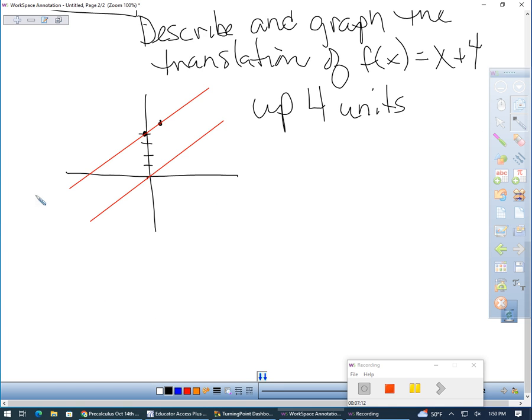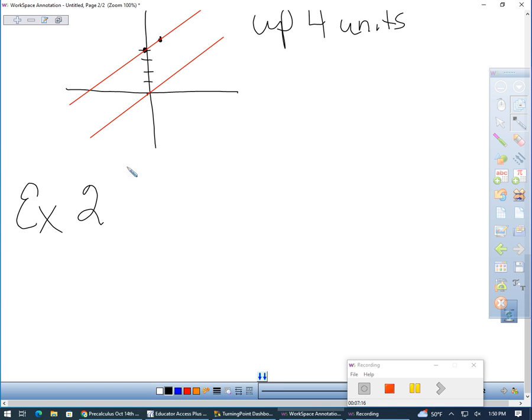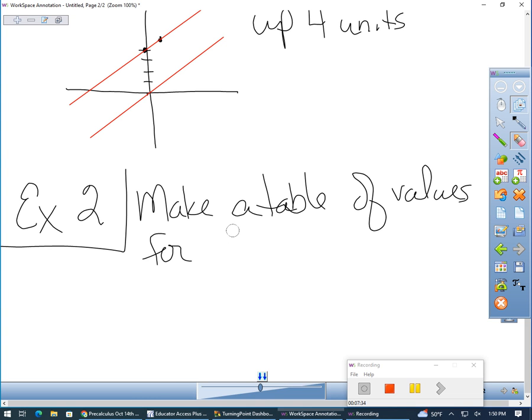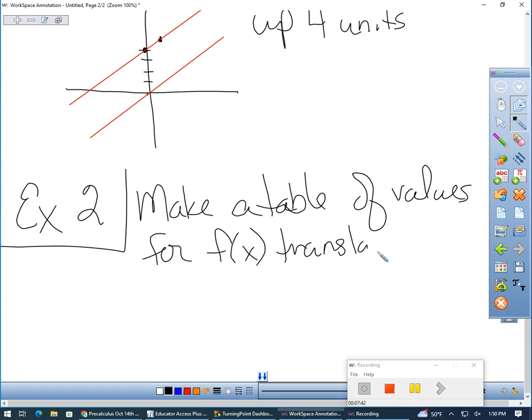Here's example number 2. So this time, instead of me graphing, I want you to make a table of values for f of x translating down 2.